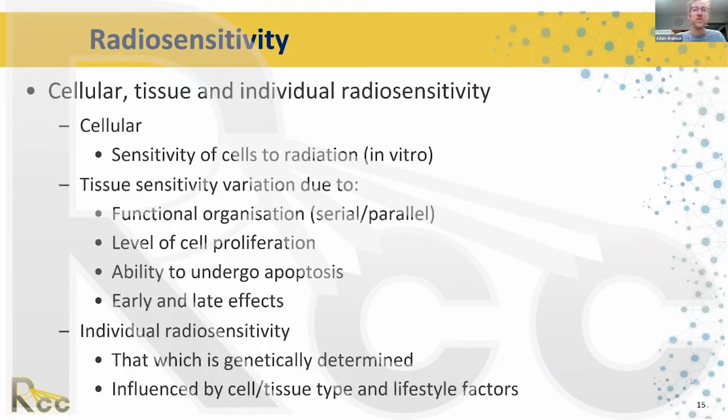So if you start destroying vasculature in the tissues, say in brain tissue, that too will cause the neurons to die, just by a different mechanism. So tissues as a whole can be radiosensitive depending on a number of different parameters. And then there's individual radiosensitivity. These are genetically determined for particular people and influenced by cell, tissue type, and lifestyle factors.